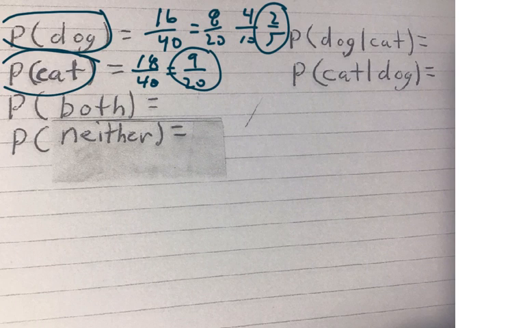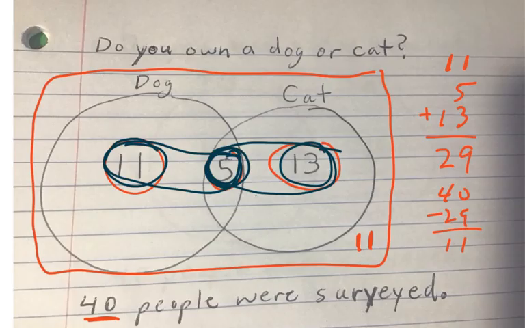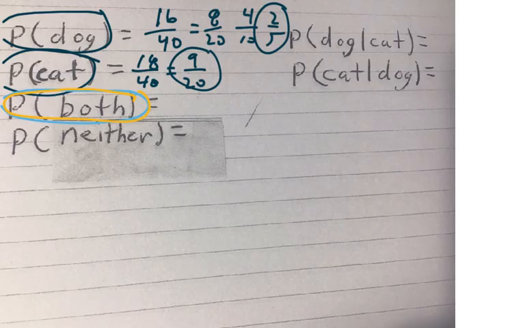What about the probability of having both? Having both a dog and a cat. Well, that would be the 5 in the middle, right? So that would be 5 out of the 40. Dividing by 5, that's 1/8. So 1 out of every 8 people in this survey have both a dog and a cat.